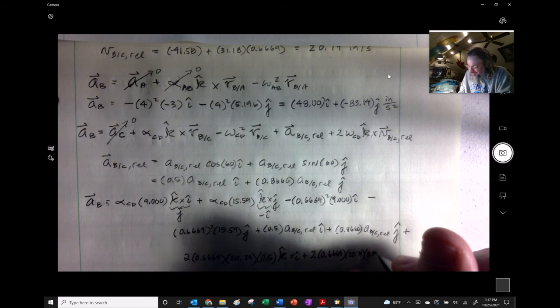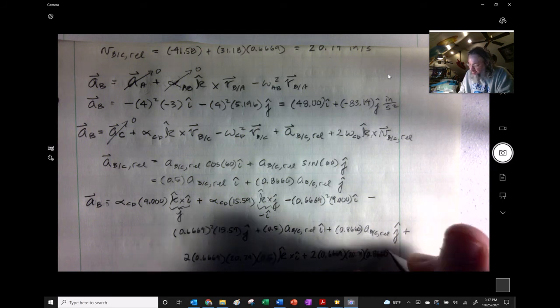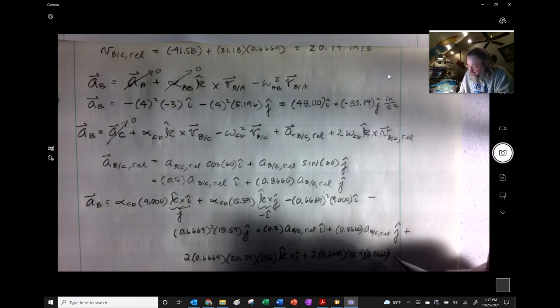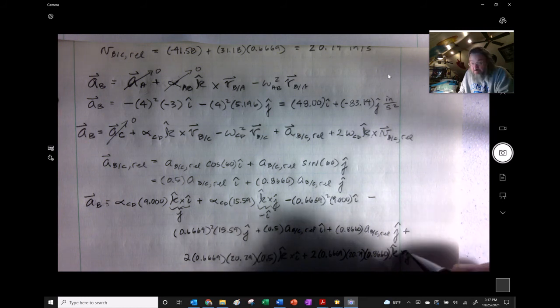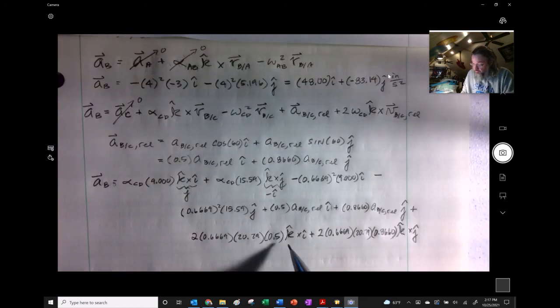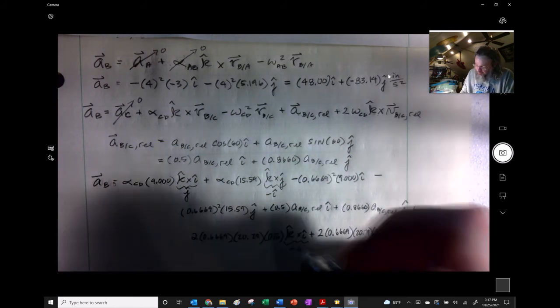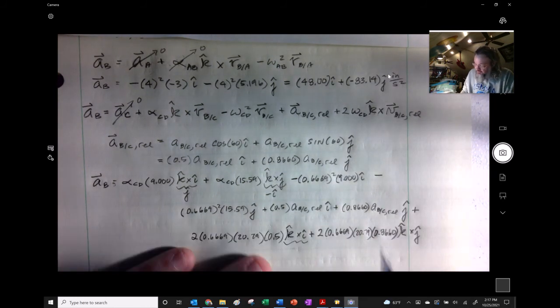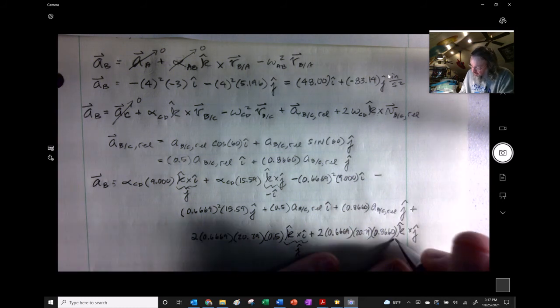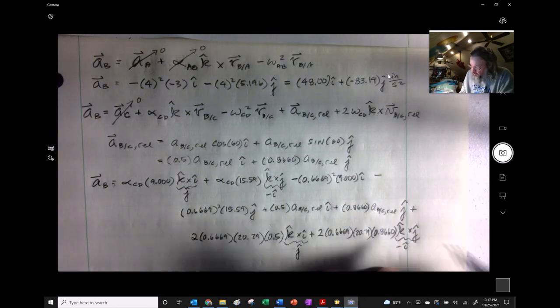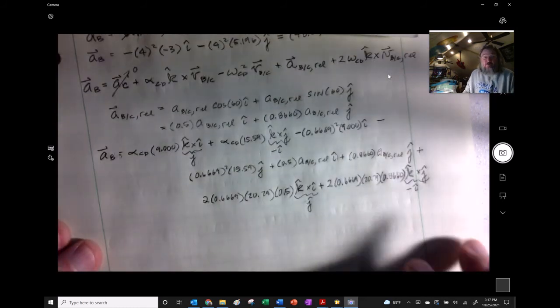So 0.8660, and then that's going to be K crossed J. We happen to know that this is negative. No, negative is positive. Positive J. And this is negative I. Whee! That's a lot. All right.